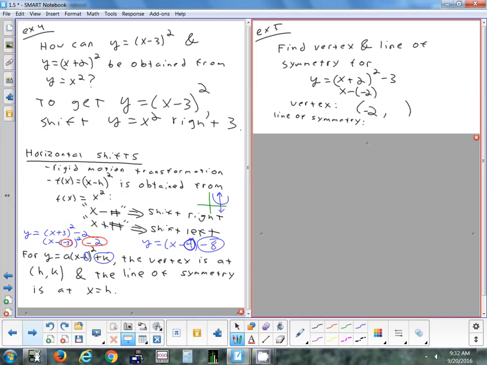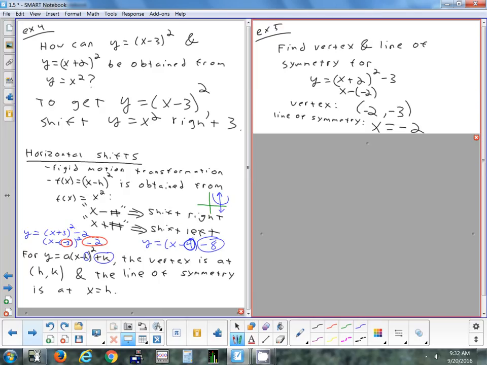This has been shifted left 2, and then -3, down 3. That's your vertex. Okay, what is my line of symmetry? And is it x equals or y equals? Yep, x equals because it's vertical. And what number? Yep, -2. That's it. That's all you have to do for that kind of problem.